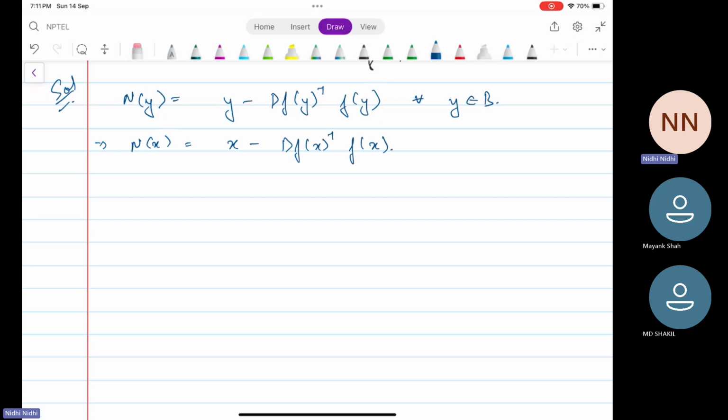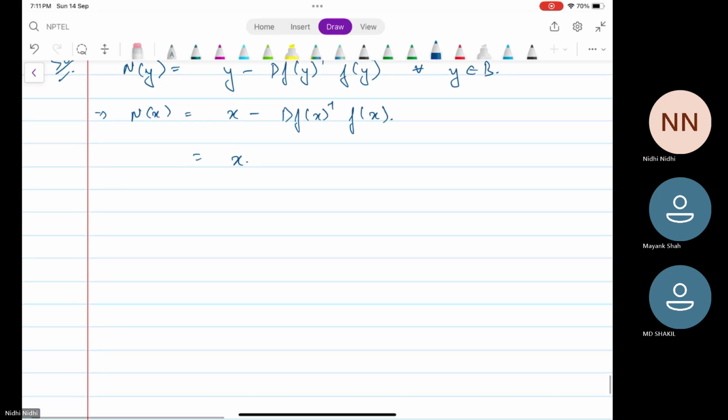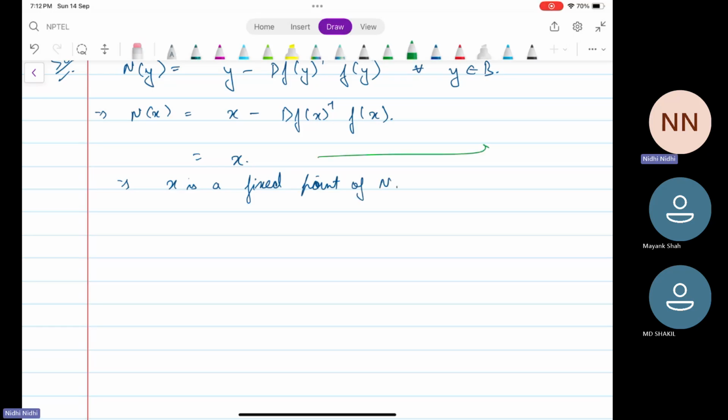Now we were given that x is a root of f, that means f(x) is 0, so eventually this is equal to x. That means x is a fixed point of N. Let me mark this as equation 1.